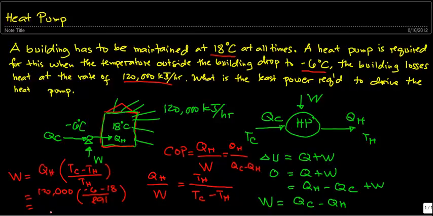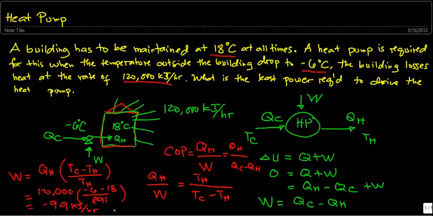My answer is negative. Negative 9.89, or 9.9, right? Negative 9.9 kilojoules per hour.